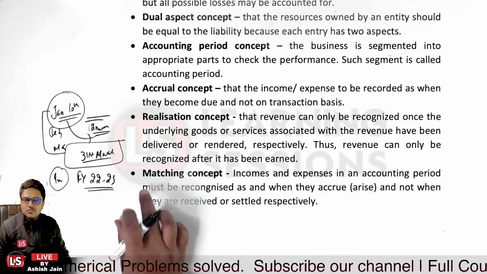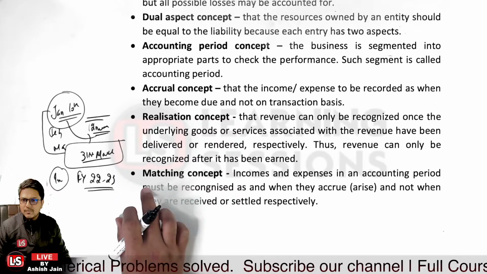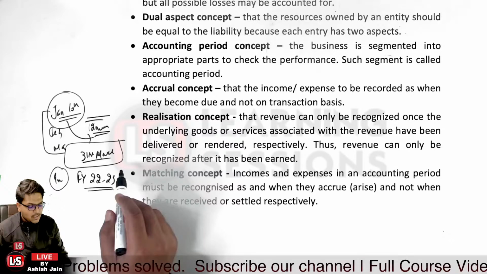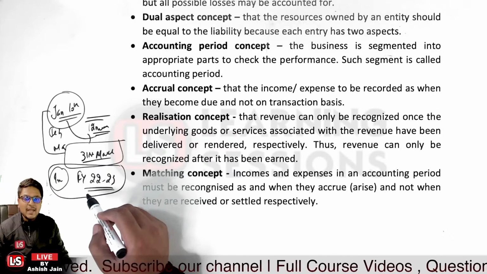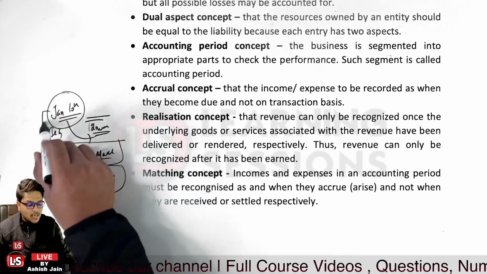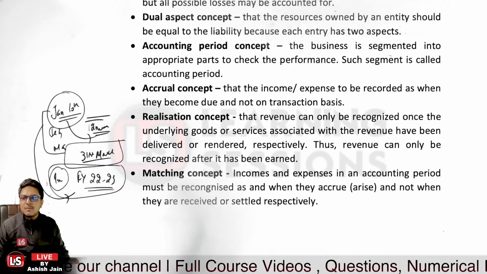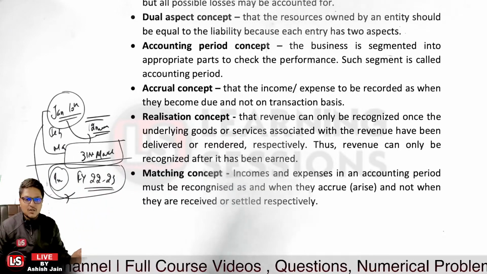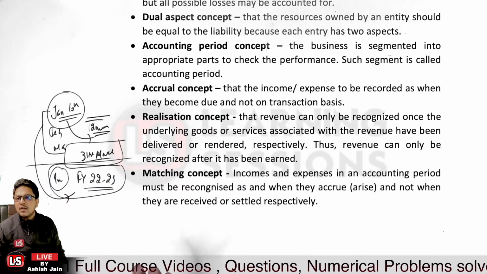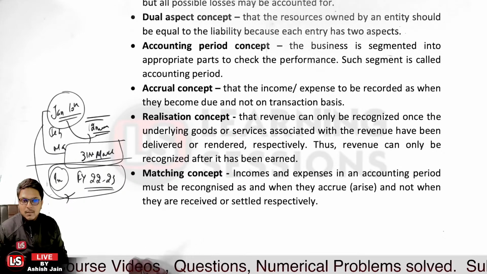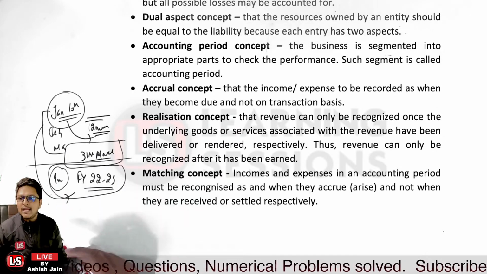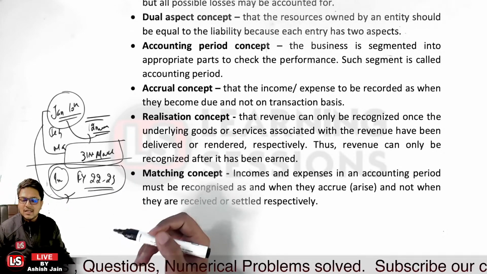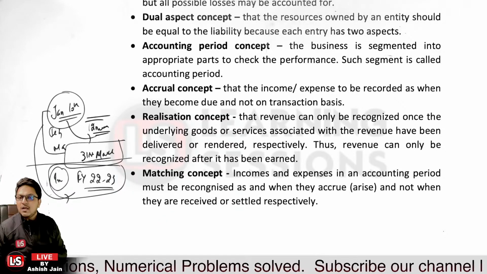Now at that particular stage, this expenditure related to the 9 months rent that you have paid in January itself must be accounted for in the next year's expenses, not in the current year's expenses, because otherwise it will not give you a clear picture of the profits. This expense related to the 9 months of advance rent does not belong to the current year.